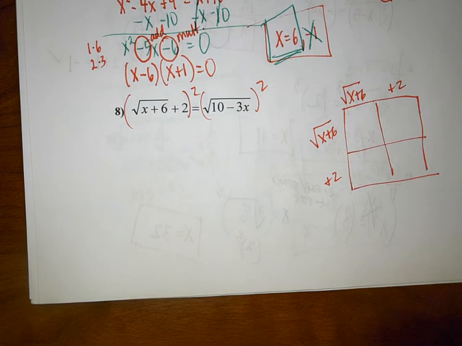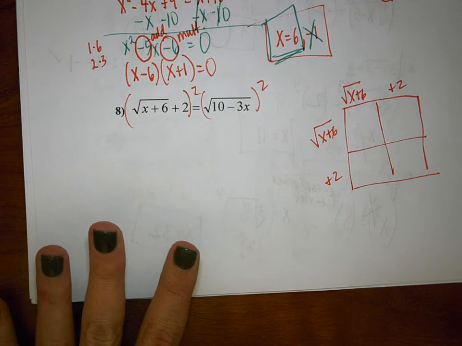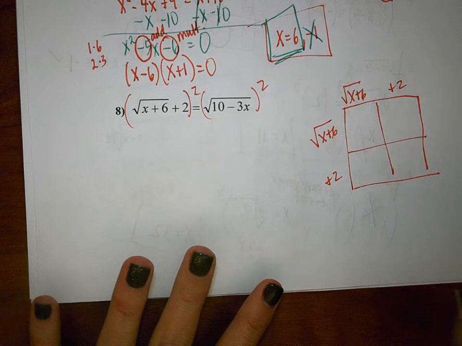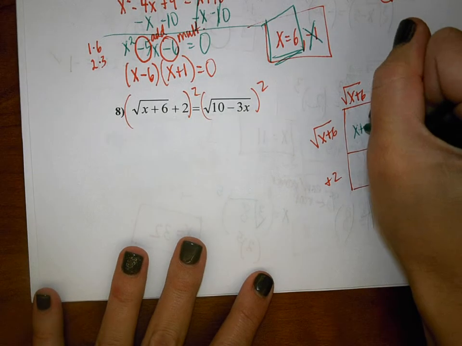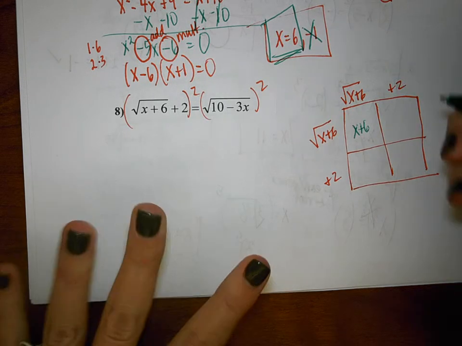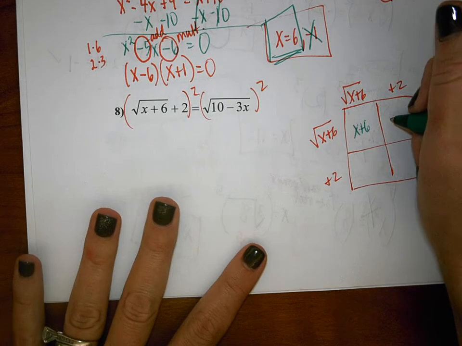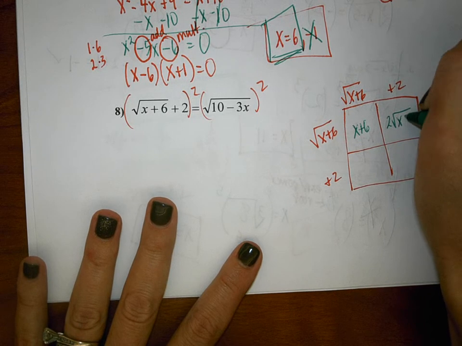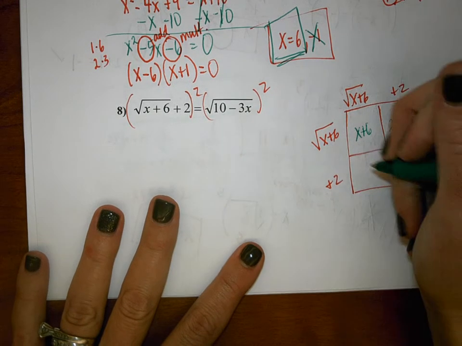When you multiply, am I going too fast? Okay, root x plus 6 times root x plus 6, what does that make? X plus 6. Because you'd have 2 roots that are the same, so it would just come out, right? And then root x plus 6 times 2 will just be 2 root x plus 6. And then we have another 2 root x plus 6.